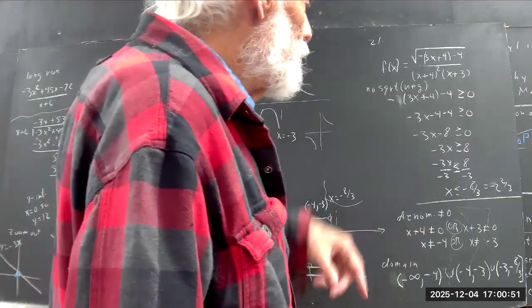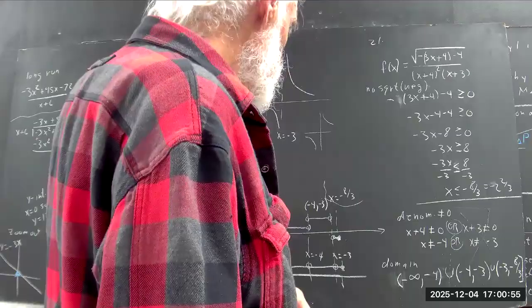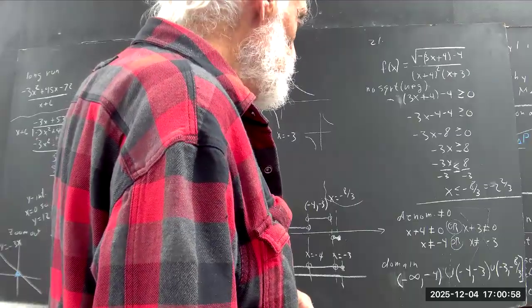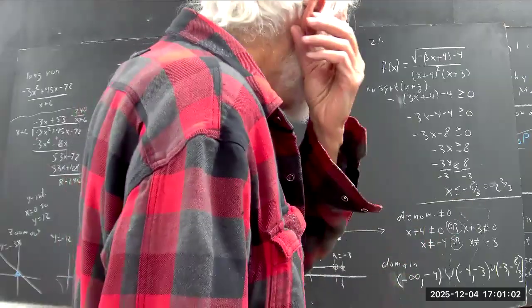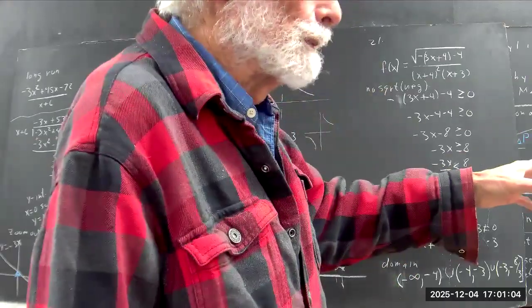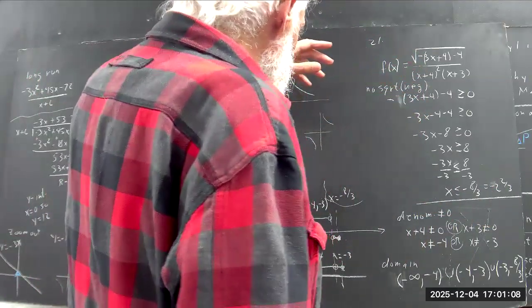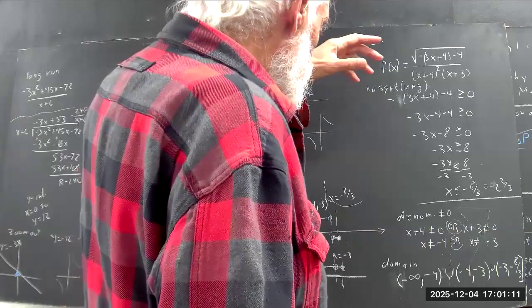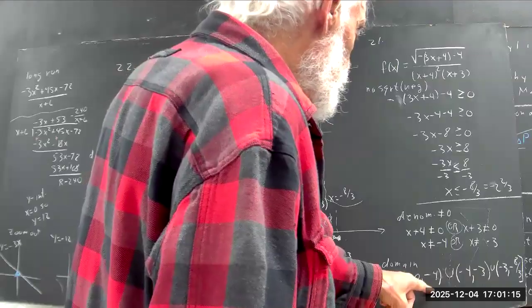Okay, so there are two ways I can explain this. I'm debating. Your domain is interrupted at negative 4.